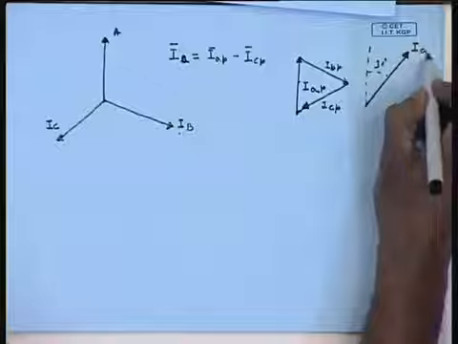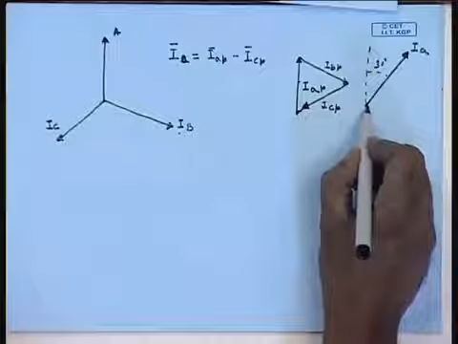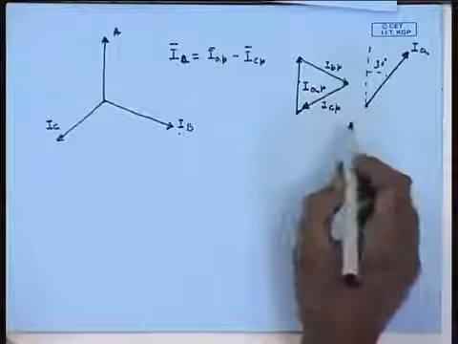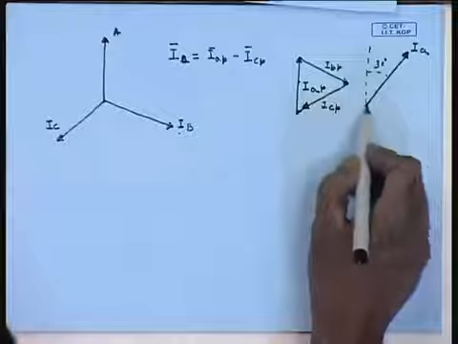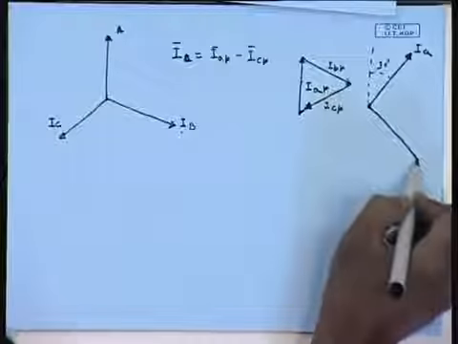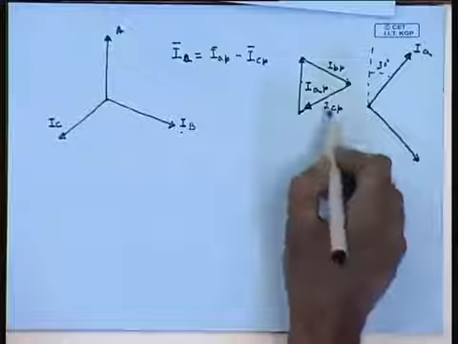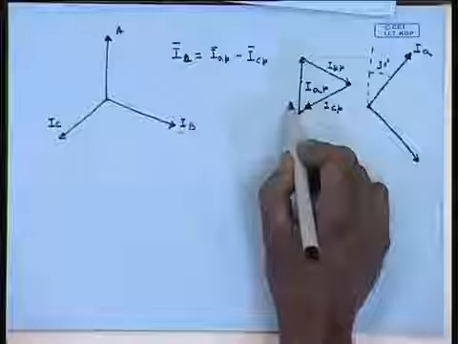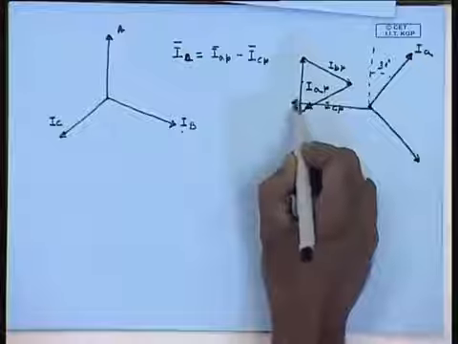This is I small a. Similarly, it can be shown that the I small b will be 120 degree with respect to this, and I small c will be 120 degree with respect to this.